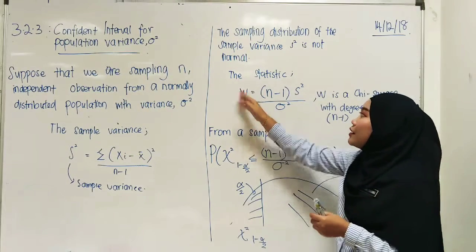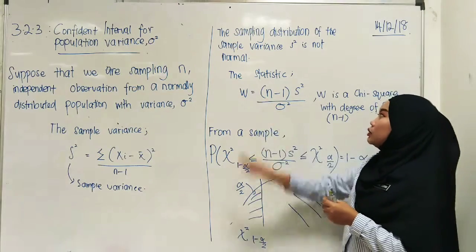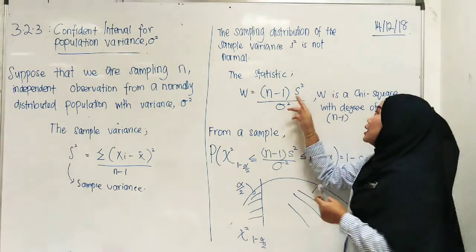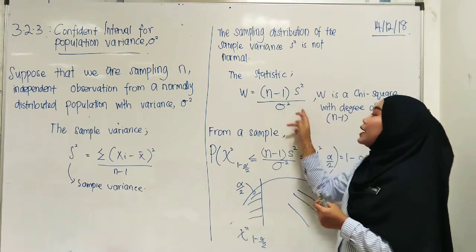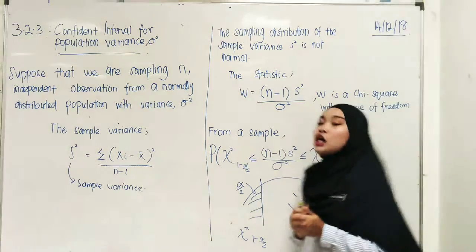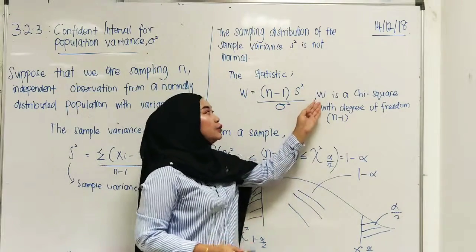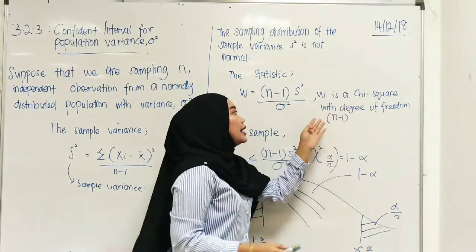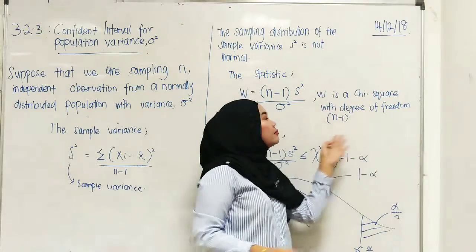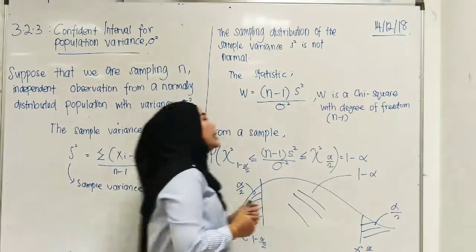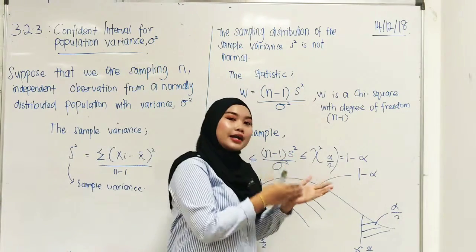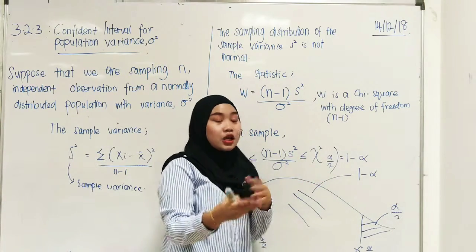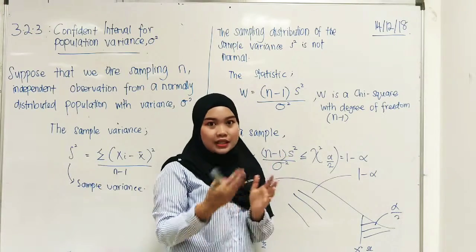Chi-squared of W is equal to n minus 1 times S squared, the sample variance, divided by the population variance. So W is a chi-square that has a degree of freedom n minus 1. In a test statistic, we cannot calculate it right away with the population variance. We have to find it from a sample.